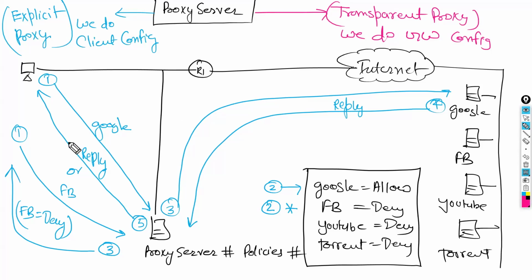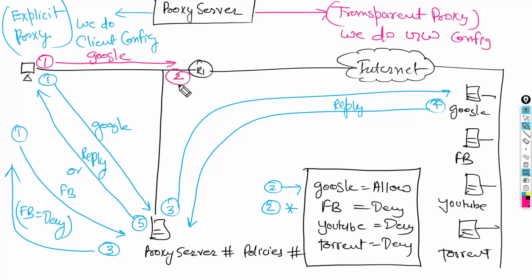This will happen in explicit proxy. Now let's discuss about transparent proxy. In transparent proxy, our client has no idea whether there is proxy or not. Now simple, client will send request to router that I want to communicate with Google.